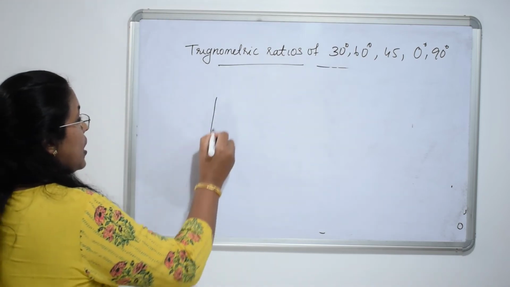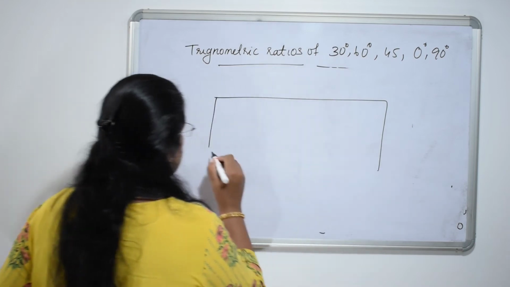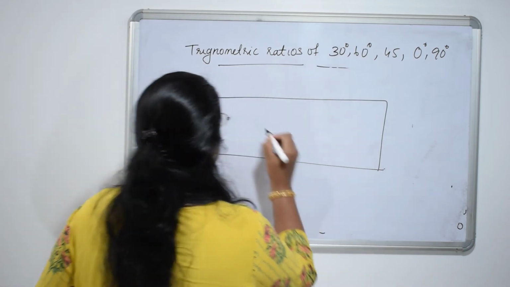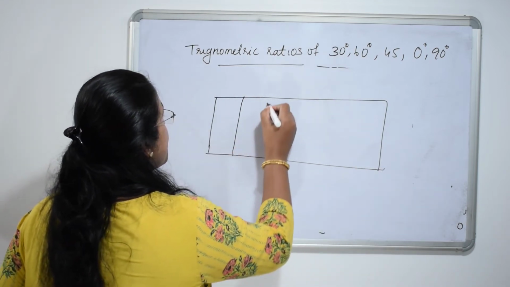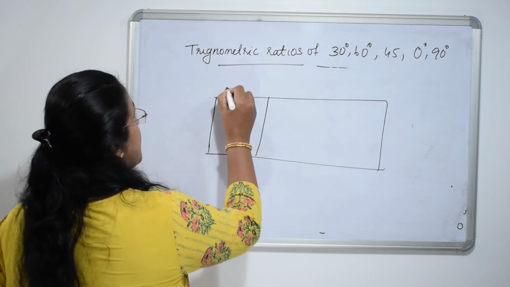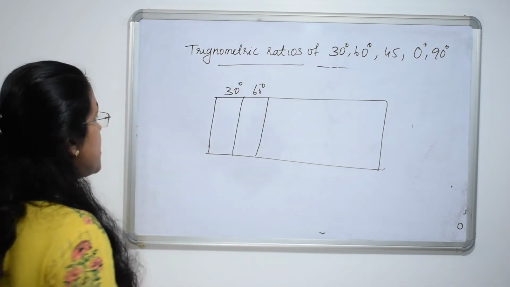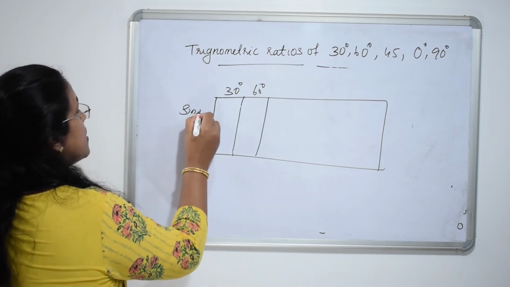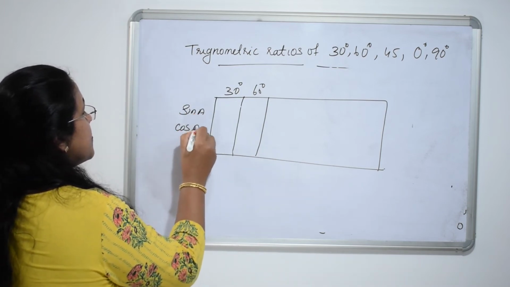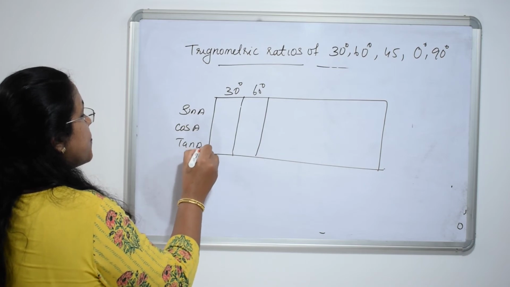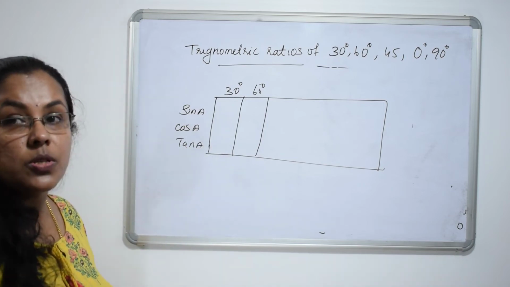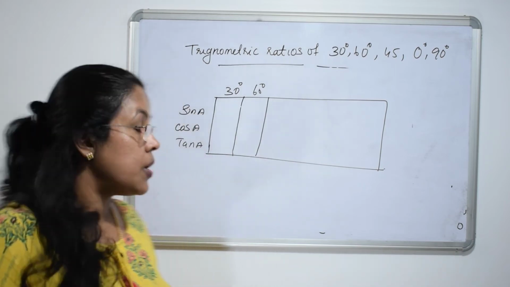I am writing only the first three ratios. It is enough. I am grouping 30 and 60 because of some reason. We know the values, we have already learned these values.